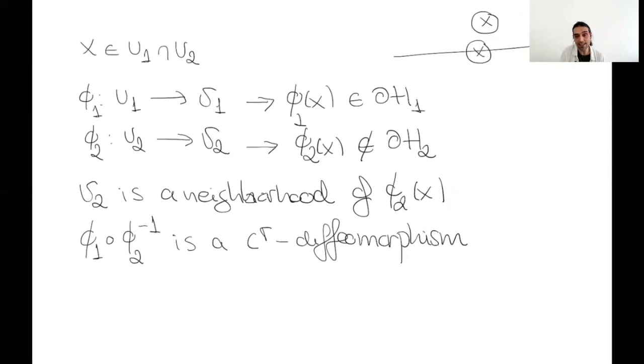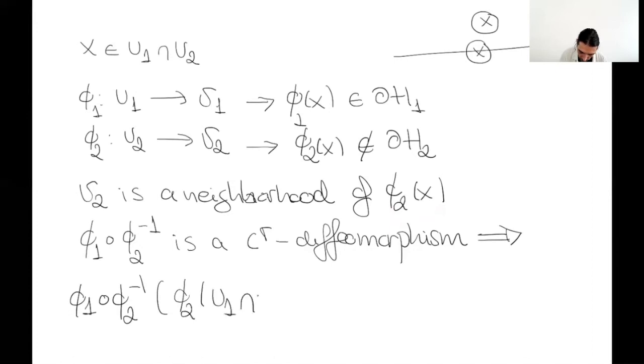And in particular, it is a diffeomorphism defined in a neighborhood of the point phi2 of X. So you can use, for instance, the inverse function theorem, which is going to imply that the image of this set over here is necessarily an open set, and it's going to be a neighborhood of the point phi1 of X.